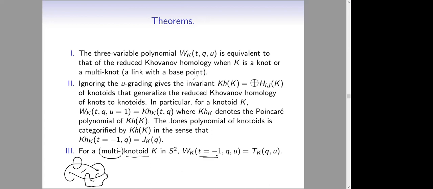For a knotoid, if you take the Poincare polynomial of its winding homology and plug in T equals -1, that gives you the graded Euler characteristic. You get the Turaev polynomial. So that is the reason why I was saying that this winding homology categorifies the Turaev polynomial.